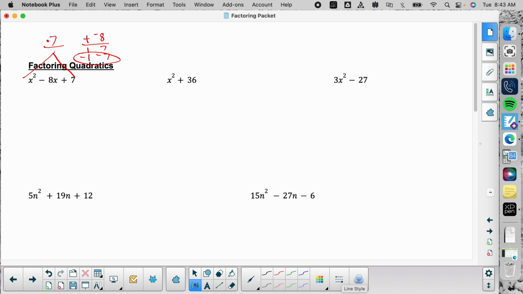Perfect. I'm going to take the pair of numbers I found and put them in place of that middle number. So this will say x squared, the order I write them doesn't matter, minus 1x minus 7x plus 7. Good.